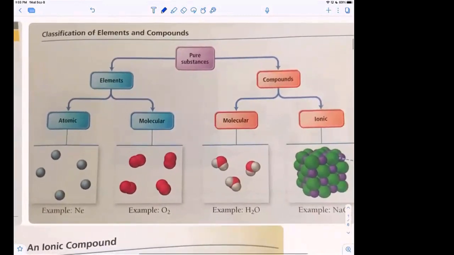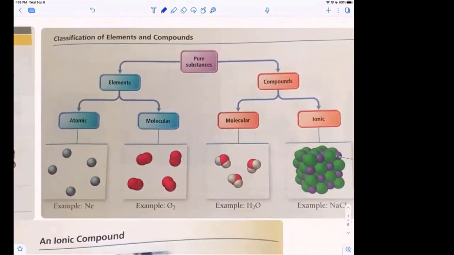And more classification. I mentioned this before about pure substances. Pure substances are either elements or compounds. And elements can either be atomic or molecular. Metals are also considered to be atomic, so atomic solids. Molecular, like diatomic oxygen, the oxygen that we breathe, 2 atoms here.